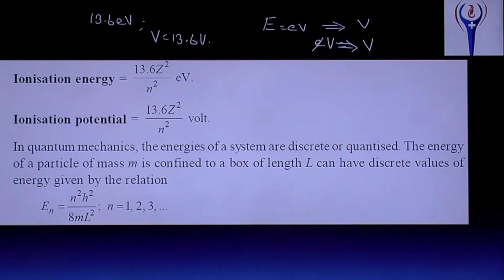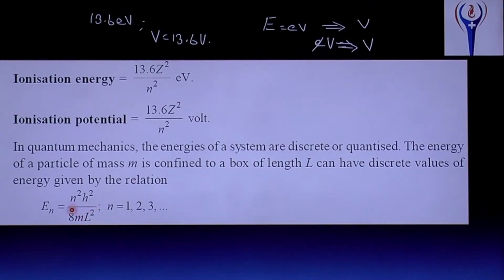Next, in quantum mechanics, the energies of a system are discrete or quantized. The energy of a particle of mass m confined to a box of length L can have discrete values of energy En equal to n square h square by 8 m L square, where n equal to 1, 2, 3. This comes from the famous Schrodinger wave equation, which is the basis for quantum mechanics.